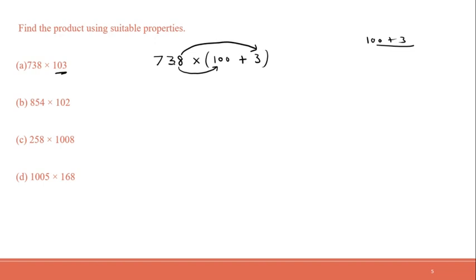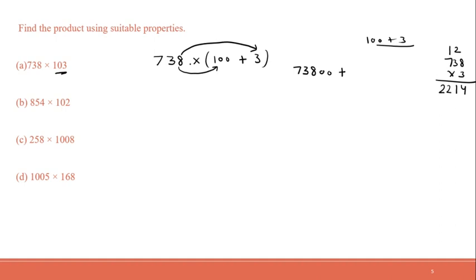Now I'll multiply 738 with 100 first, then I'll multiply 738 with 3, and then I'll add those two, right? If I multiply 738 with 100, I'll get 73800. I can do it directly now. And what about 738 into 3? We will do the calculation quickly. 8 into 3, 24. 4 here, 2 extra. 3 into 3 is 9 plus 2, 11. 1 here, 1 extra. 7 into 3 is 21 plus this one, 22.